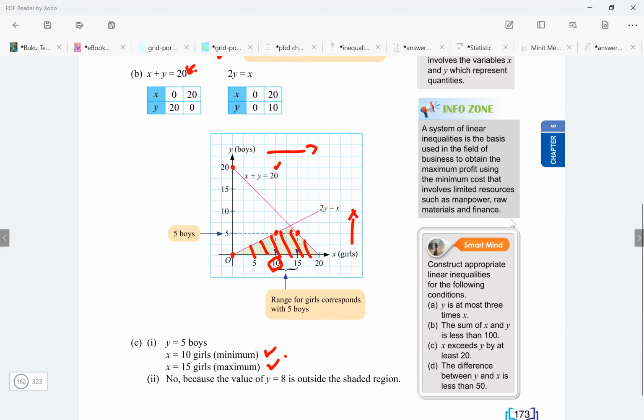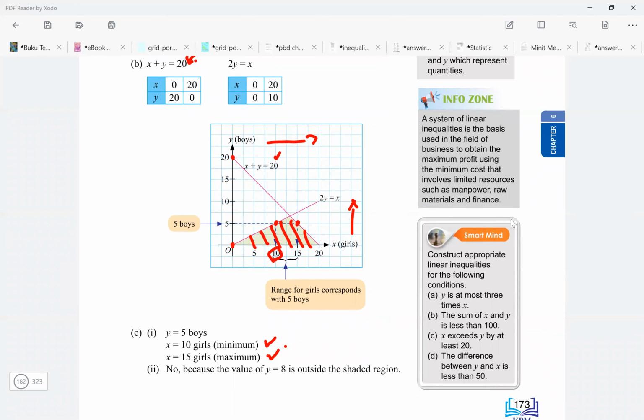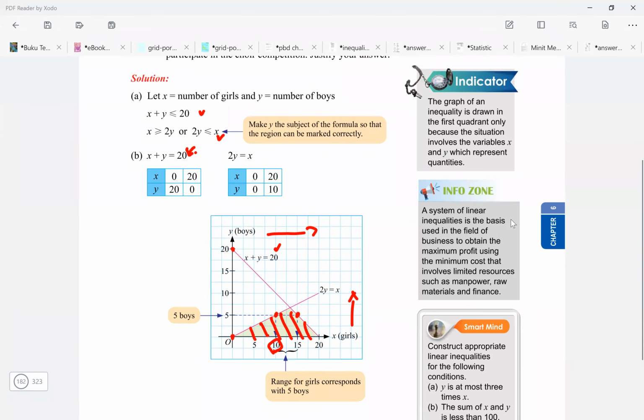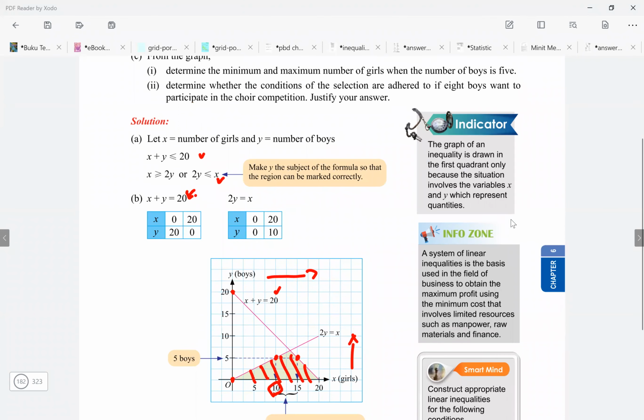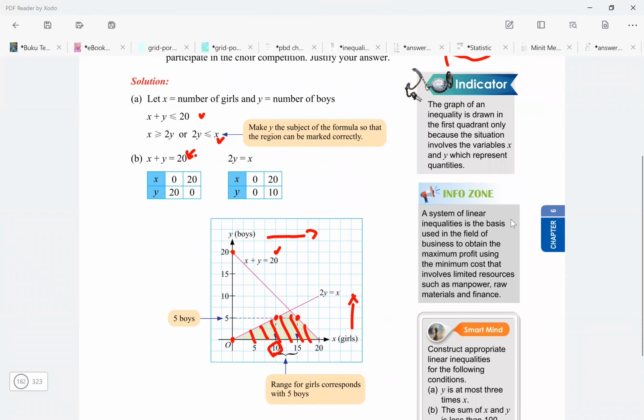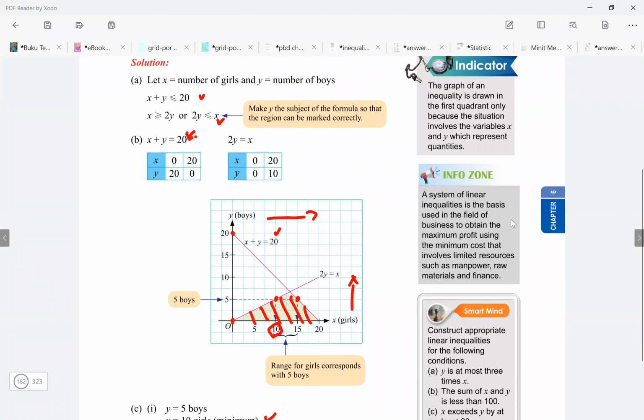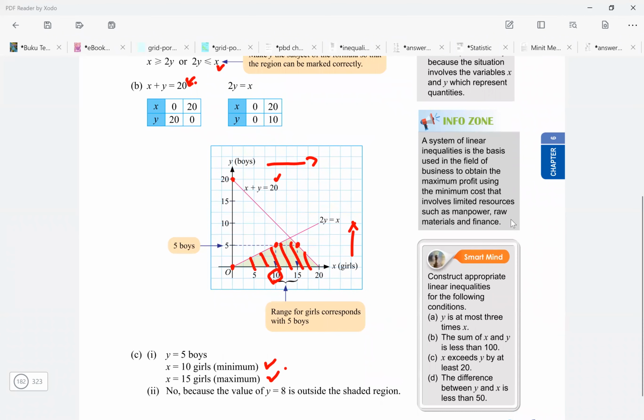And then the next question: determine whether the condition of the selected are adherent to if 8 boys want to participate in the choir competition. So 8 boys is somewhere here.